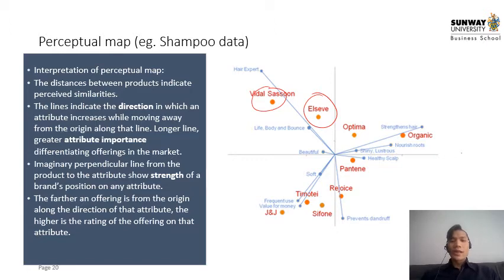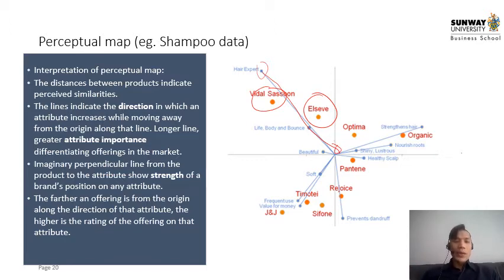So for example, if let's say Vidal Sassoon is very near to Hair Expert and Hair Expert is very far away from this origin point here, means that Vidal Sassoon claims to be a stronger advocate of Hair Expert. And this is what we mean by the greater attribute importance in terms of dividing all the different brands.